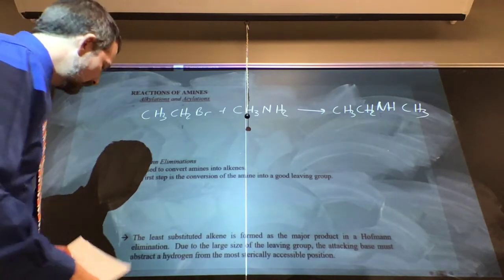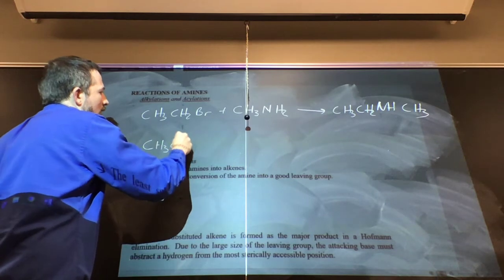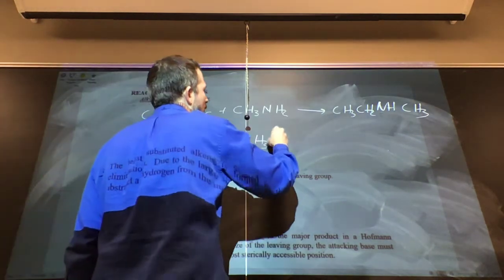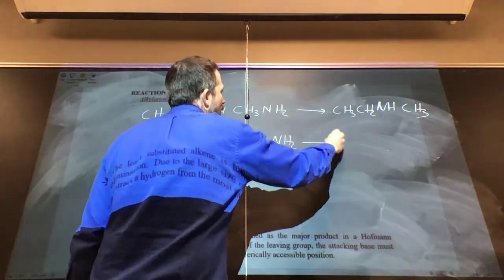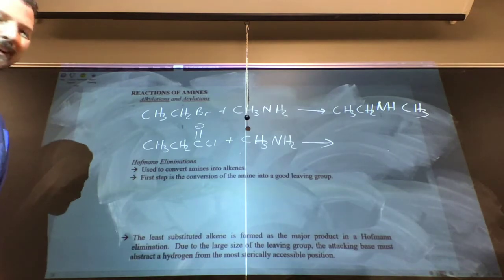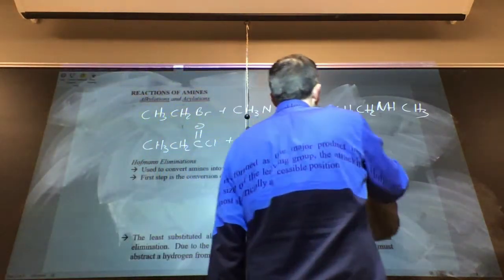Acylations, we looked at that one as well. If you had an acid chloride, again your nitrogen can replace that chlorine to make an amide in this case.